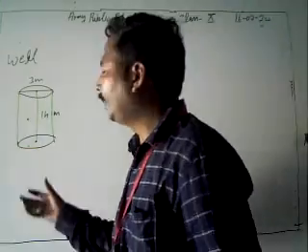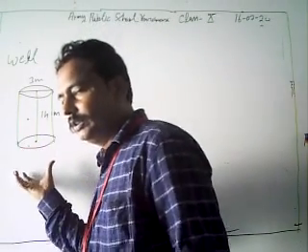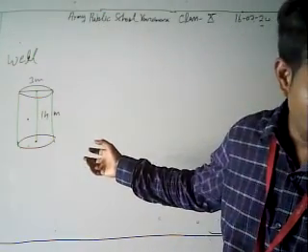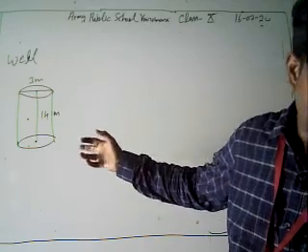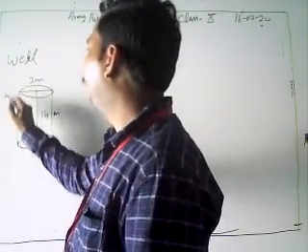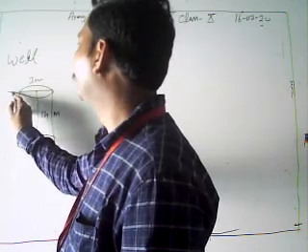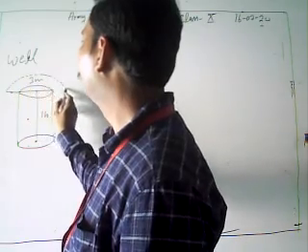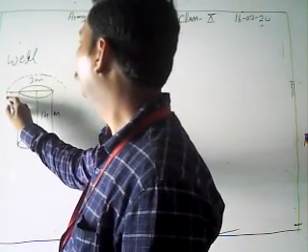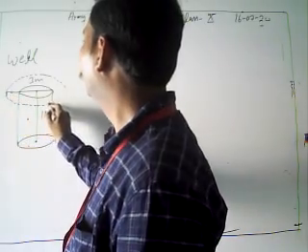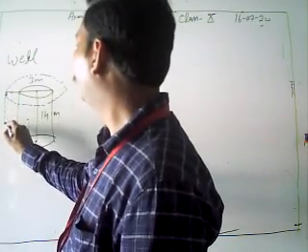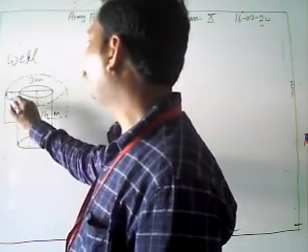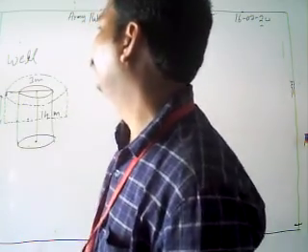Look, after digging out this earth from this cylindrical shape of 3 meter, the earth taken out has been spread evenly all around it, surrounding the well with a width of 4 meter. We have to find the height of this embankment.